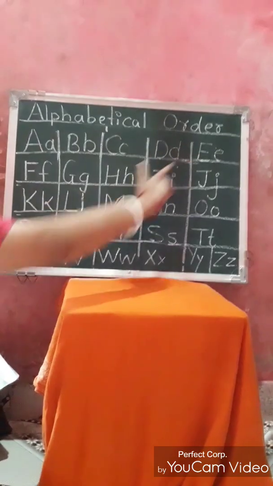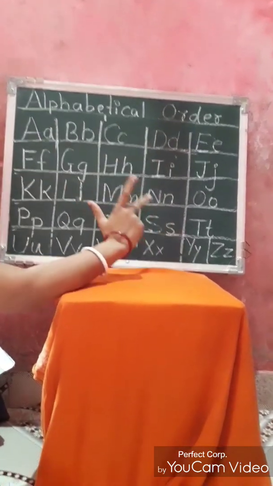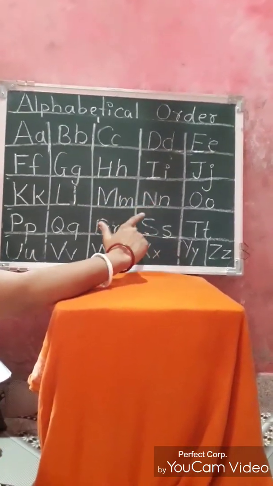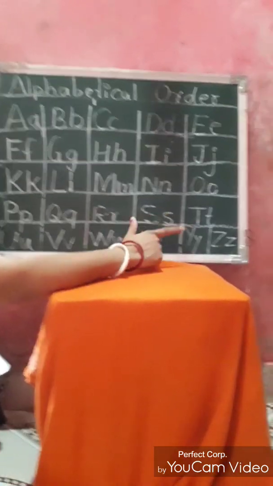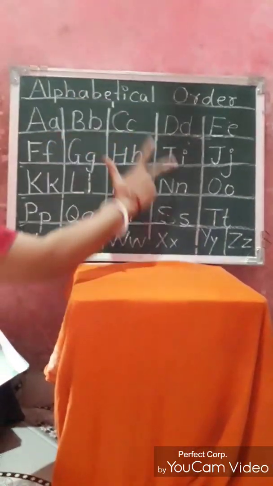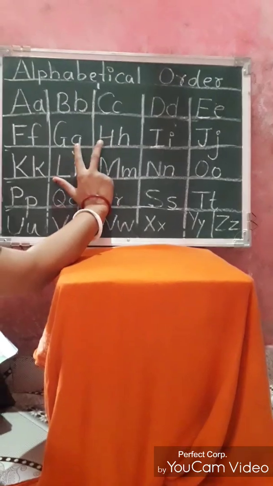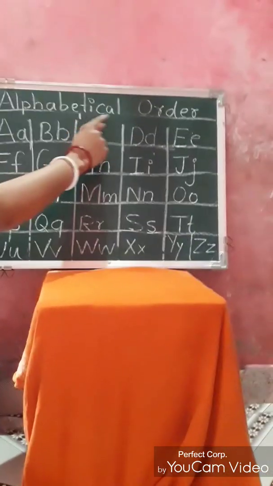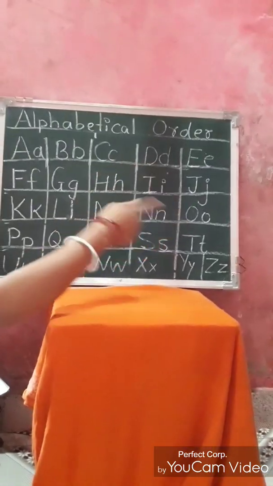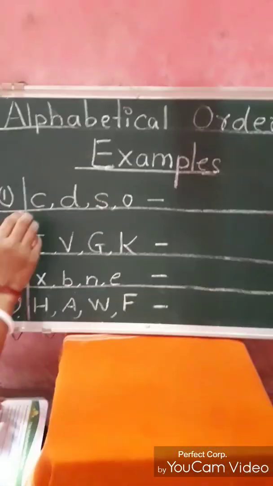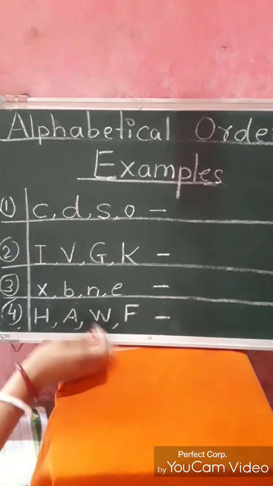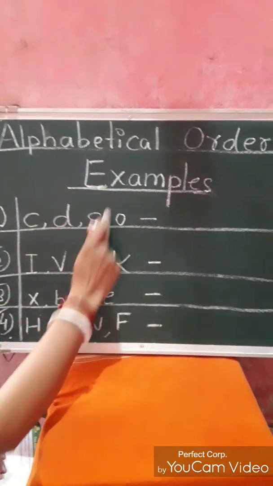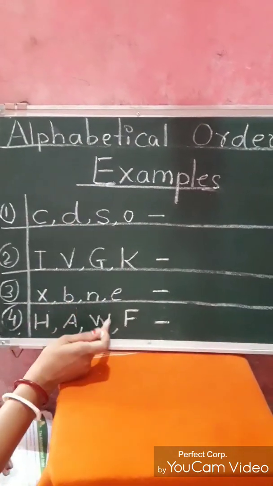This alphabetical order we follow whenever we start to write alphabets. We will see some more examples to clear our concept about the alphabetical order in the next step. We will try to clear our concept with the help of some examples that I wrote on the board.